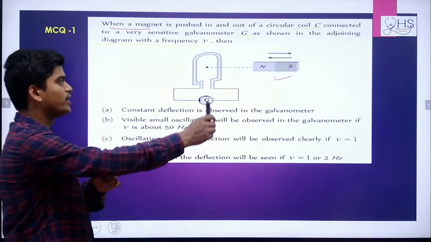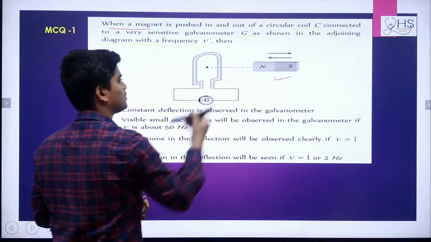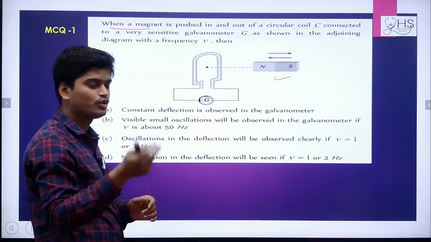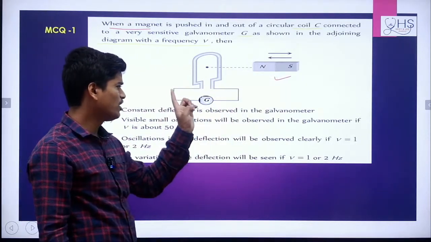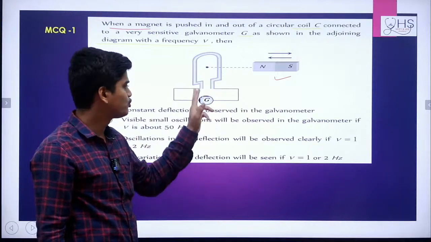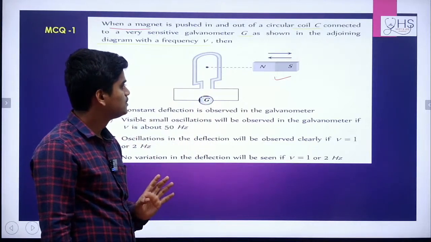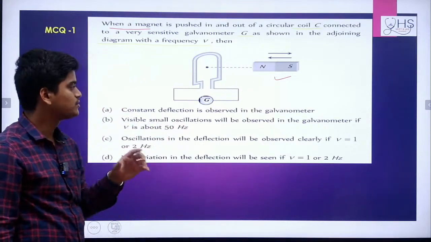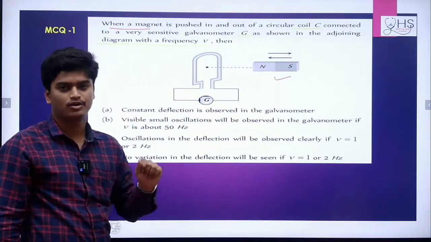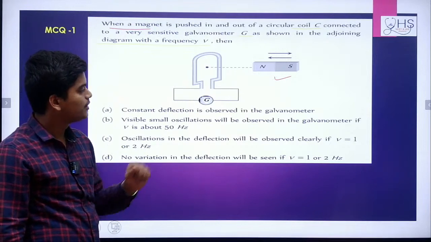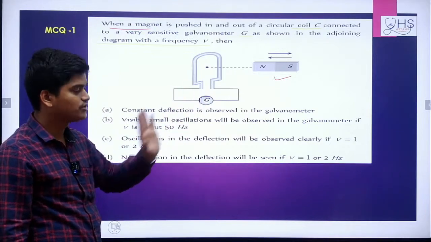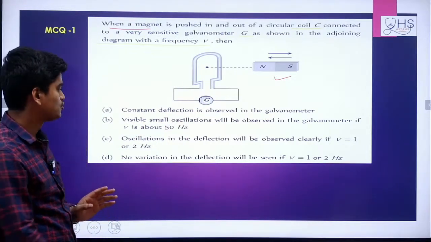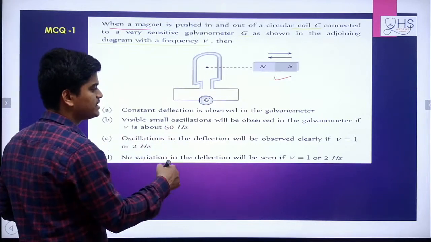Listen, whenever you take a magnet in and out, we understood that an induced EMF or induced current will be produced in the coil. Remember that the magnet frequency should be low to observe the deflection in the galvanometer. If the frequency is more, you cannot observe the galvanometer deflection. So check where the frequency is less.